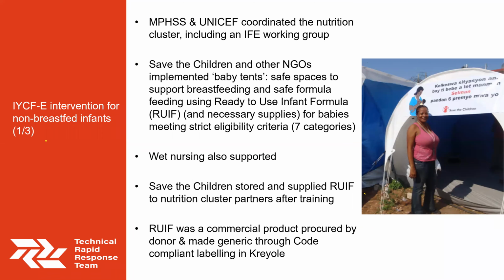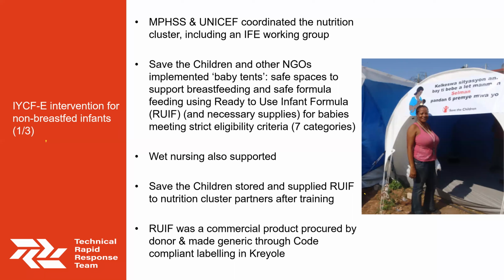In terms of the IYCF-E response, the Haitian Ministry of Health and Public Health and UNICEF coordinated the nutrition cluster jointly, and within that cluster there was an IFE working group. Save the Children and quite a lot of other NGOs implemented a baby tent response, and there's a picture there on the right of one of Save the Children's baby tents.